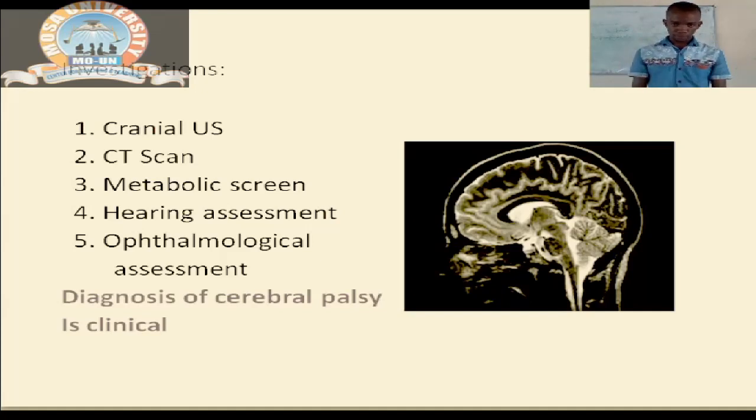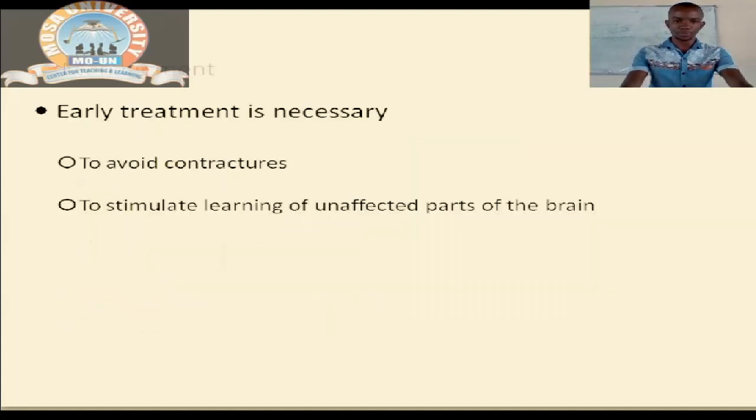Hearing assessment and ophthalmological assessment are also done to rule out other differentials, just in case this patient has other underlying causes. Otherwise, the diagnosis of cerebral palsy is clinical. Based on our clinical features and history, we are going to be able to diagnose cerebral palsy. The other investigations, the radiology and other labs that may be done, are just for differential purposes.